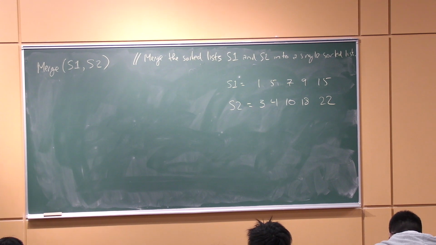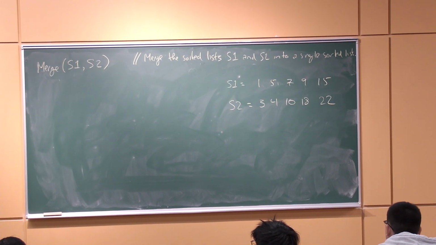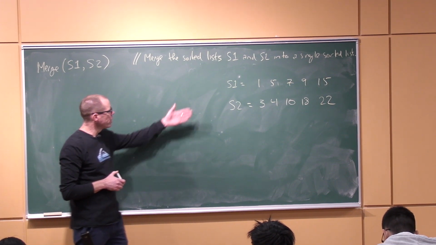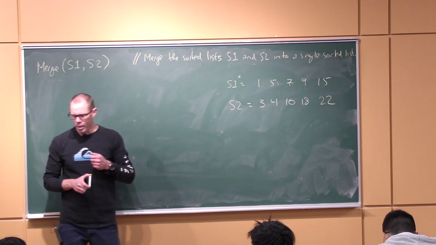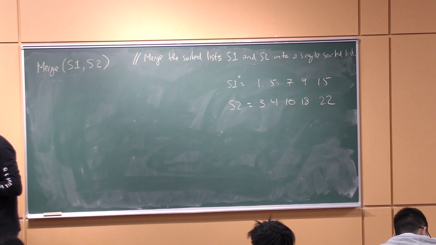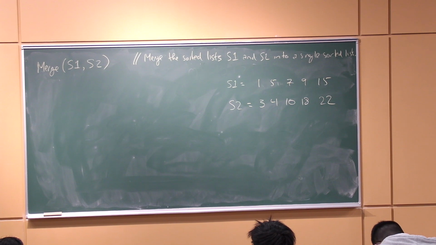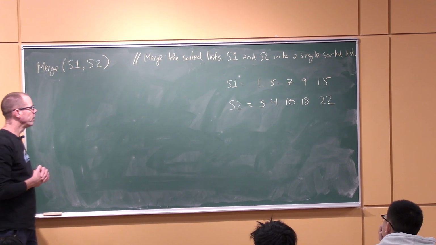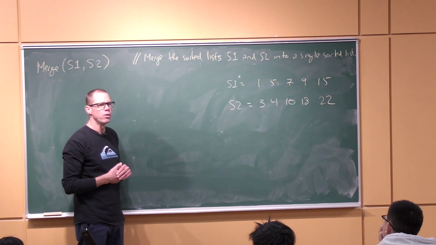And I want to programmatically merge those things into a single sorted list. So if we start with this example, and we want to write out what is the sorted list that we get, then, well, how would you do it?